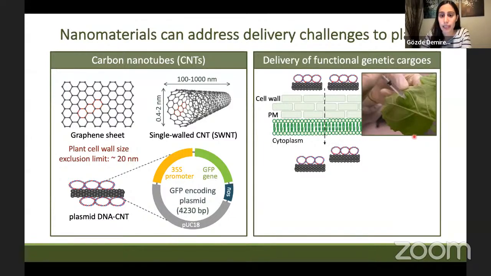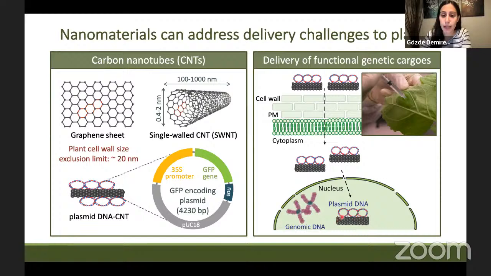Here we are looking at a Nicotiana benthamiana tobacco plant leaf, and it's injected with a needleless syringe, just like we do agroinfiltrations. And once it's inside the plant tissues, we would expect it to be able to transport across the cell wall and the plasma membrane. And once it reaches the nucleus, this plasmid DNA will just make mRNA and the protein of interest, so in this case, GFP.